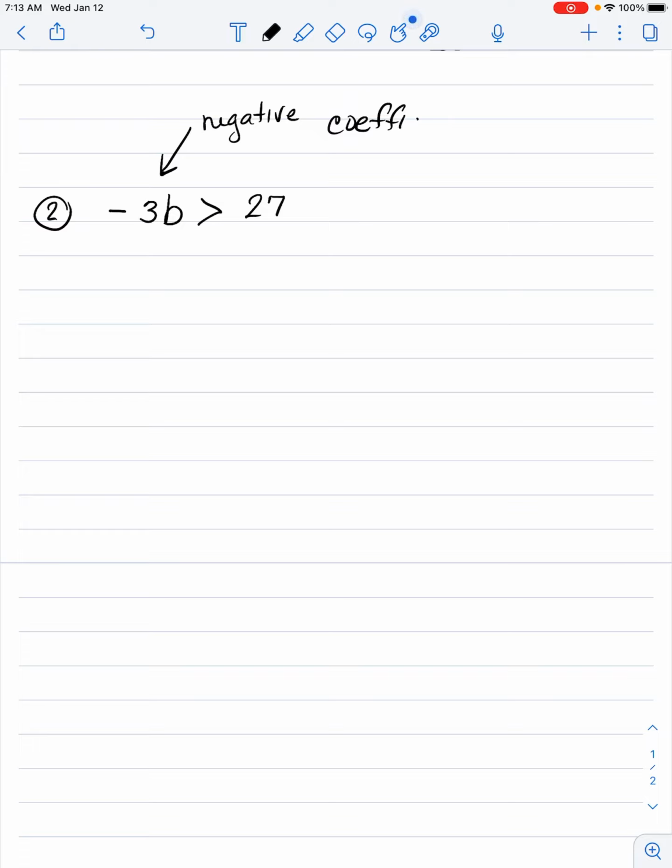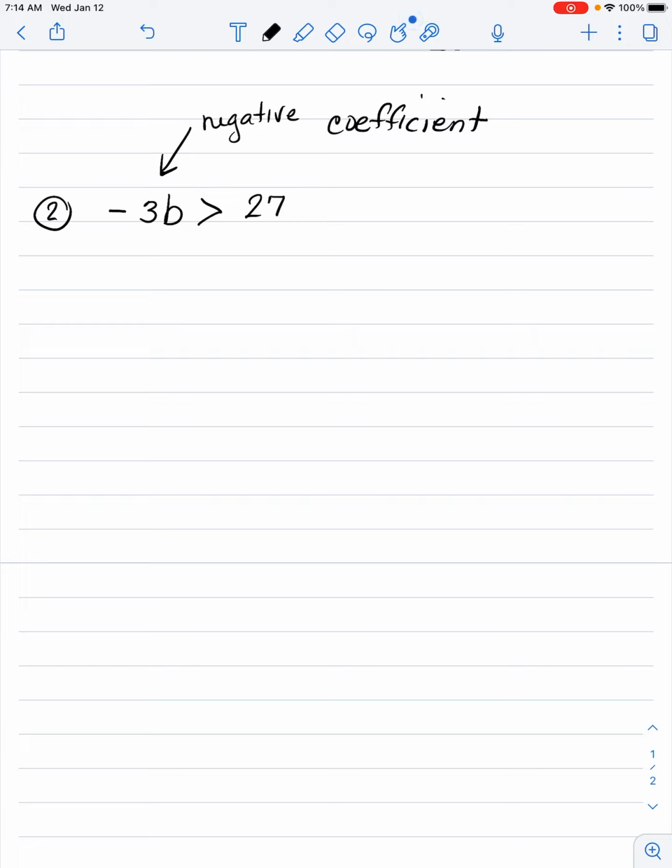And what that means is we are going to have to divide both sides by the coefficient, which is negative. When you divide by a negative number, you are going to flip the direction of the inequality.